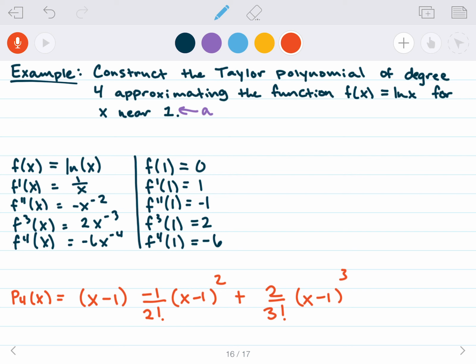And finally, we have negative 6 over 4 factorial times x minus 1 to the fourth power.